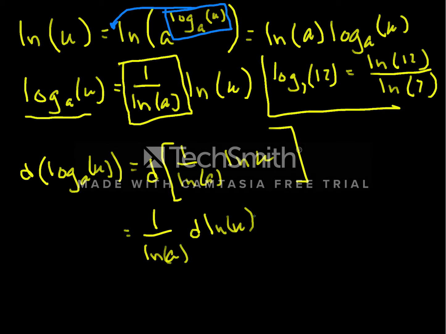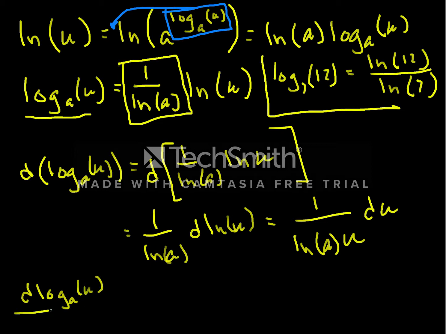And the derivative of natural log of u we just calculated, and this is simply 1 over the natural log of a times u, du. So the derivative of log base a of u, du, is 1 over natural log of a times u.